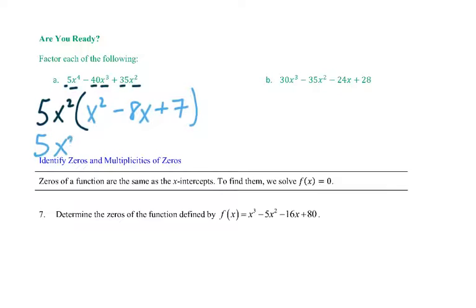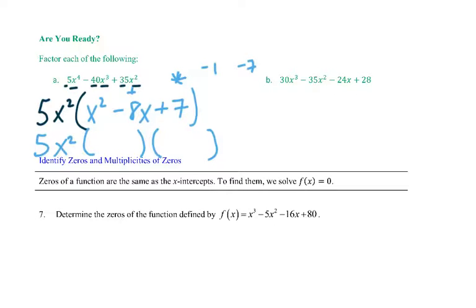But guess what? I can actually factor this trinomial because I can find two numbers that multiply to get positive 7 and add to get negative 8. The numbers that multiply to get positive 7 and add to negative 8 would be negative 1 and negative 7.